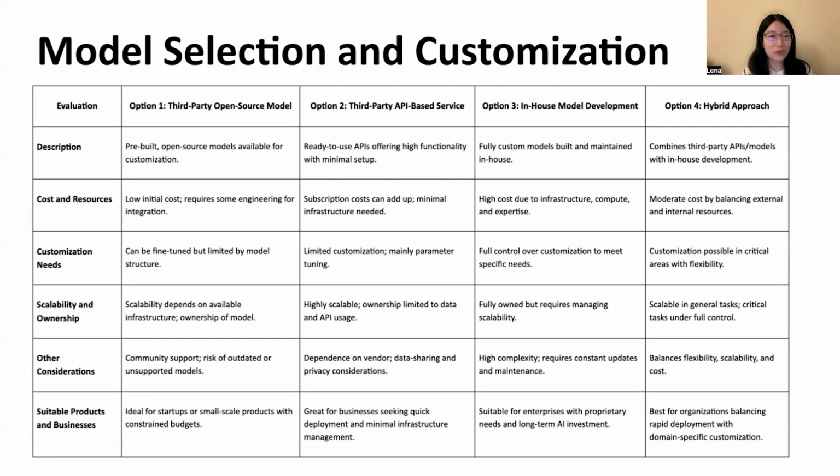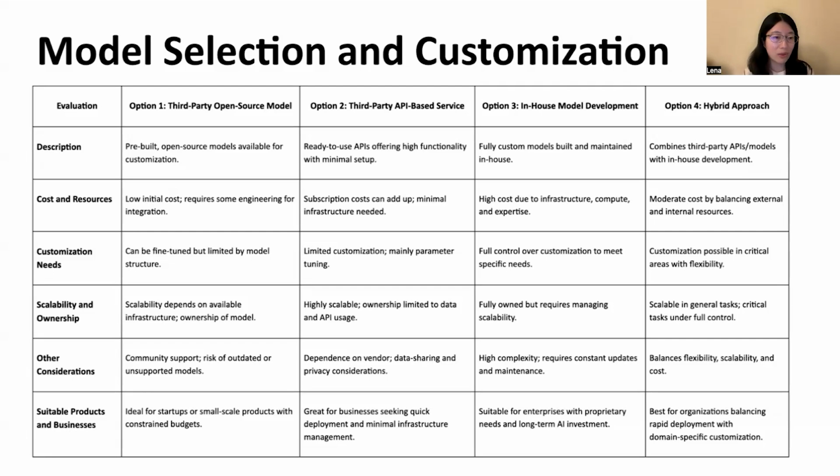Versus if you're choosing a third-party open source model or API-based service, it can give us a very fast rollout and a very low initial cost. However, when it comes to customization or scalability, there could be limitations. So depending on the product and business needs, different options can be your best choice.